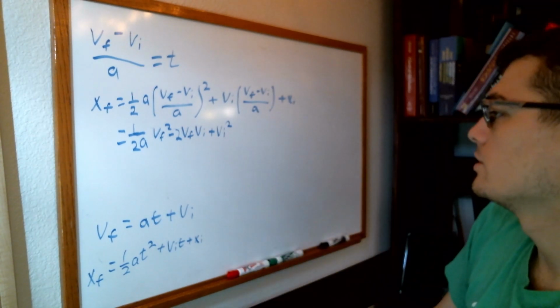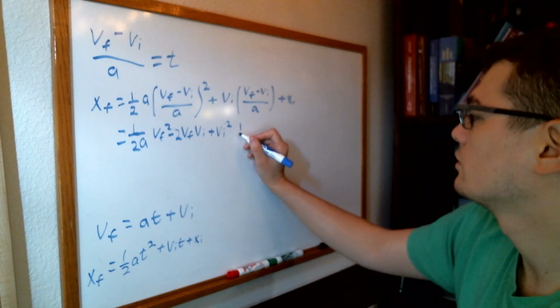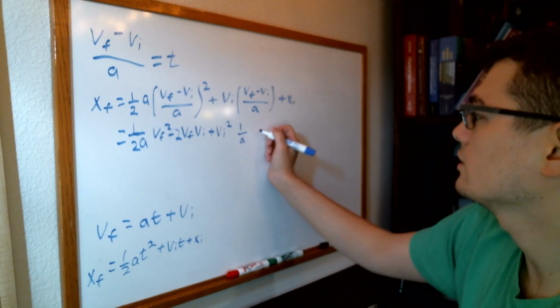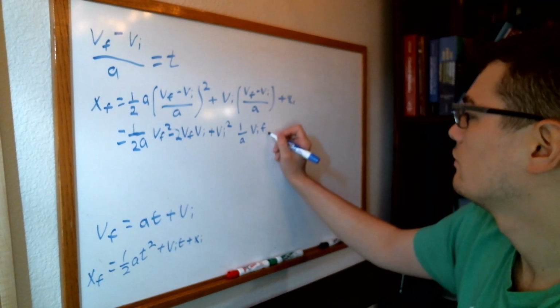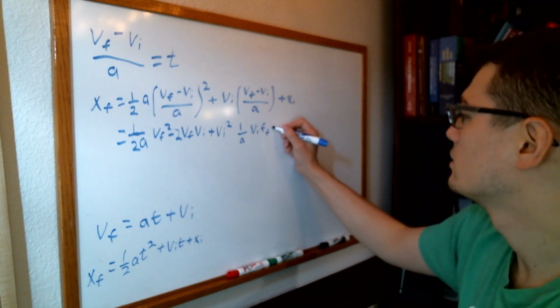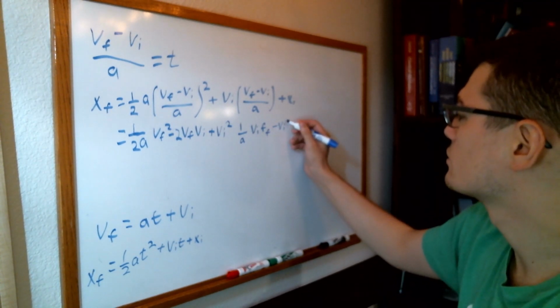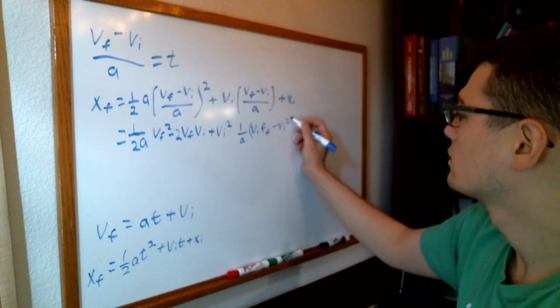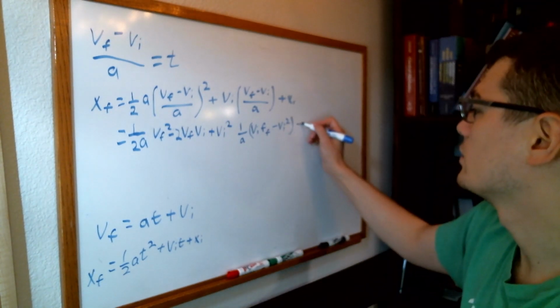Let's distribute the same thing over here. So now we're going to have 1 over a here, and then we're going to have vi vf, and then this is going to be minus vi squared. Okay, and then we have our plus xi at the end.